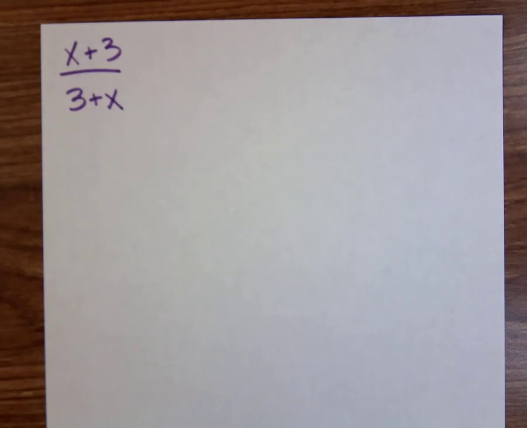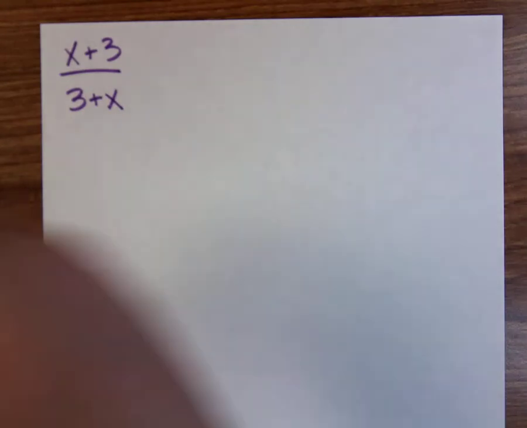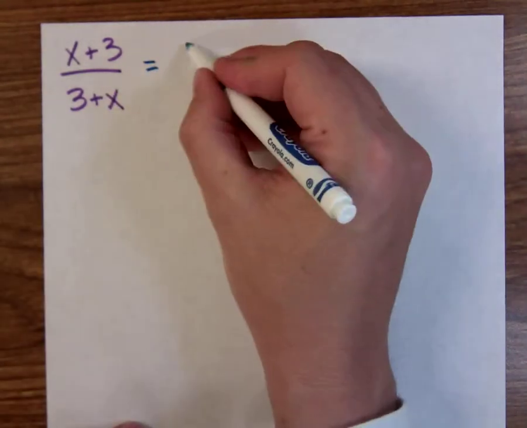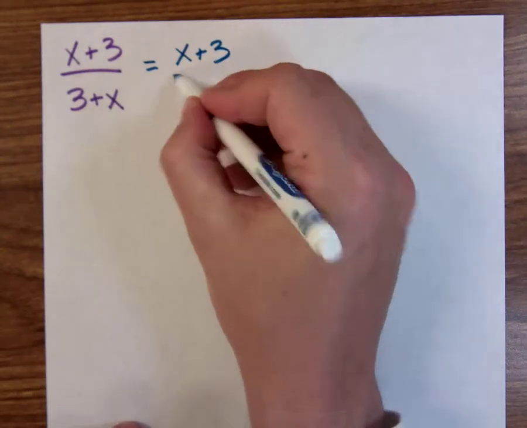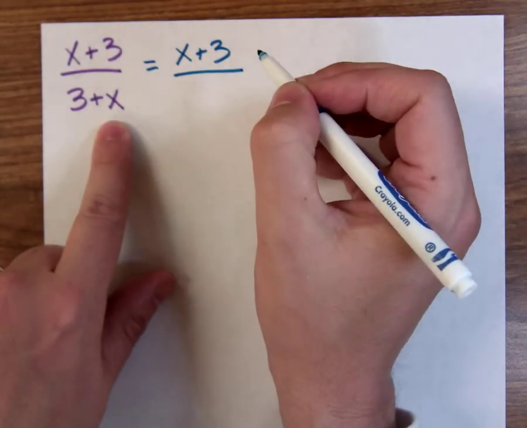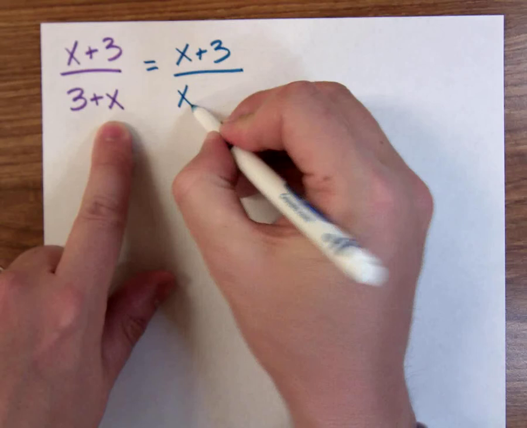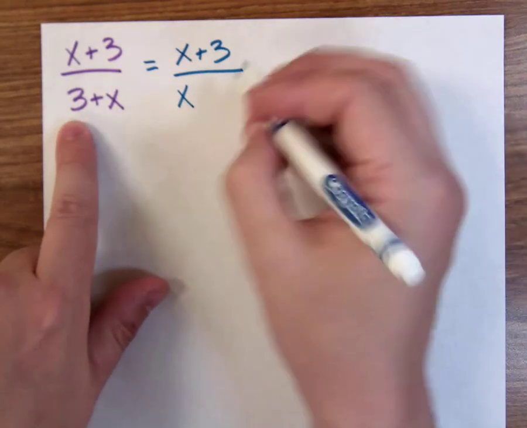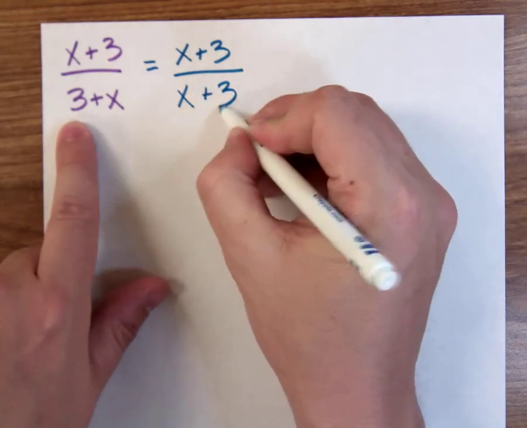Now the reason that one looks weird is because in the numerator the x comes first, and in the denominator the x comes last. So I'm just going to rearrange these. I'm going to make them look the same. So the x is positive, so when I move it to the front, it stays positive. And the 3 is positive, so when I put it on the end, I make sure it stays positive.